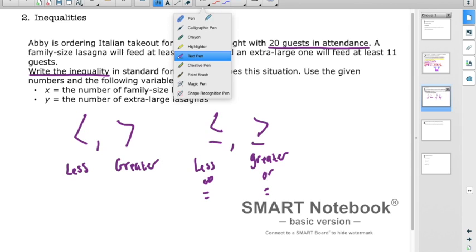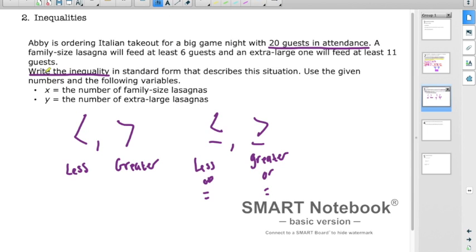That means that we don't have to make our own let statements, right? X is the number of family-sized lasagnas, and we know that there should be 6 of those, while Y is the number of extra large size lasagnas. Well, that should be able to feed at least 11.